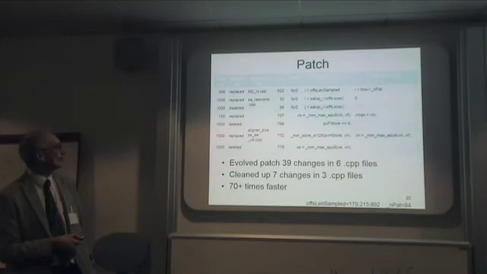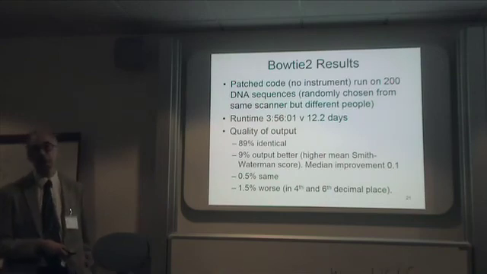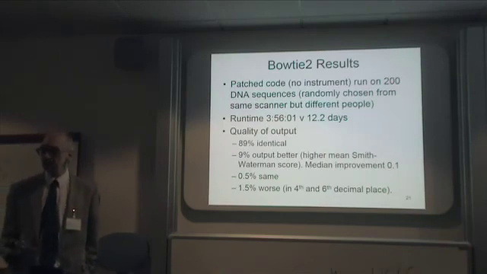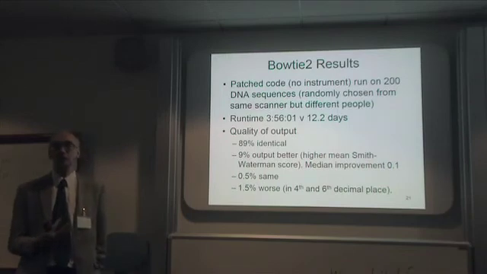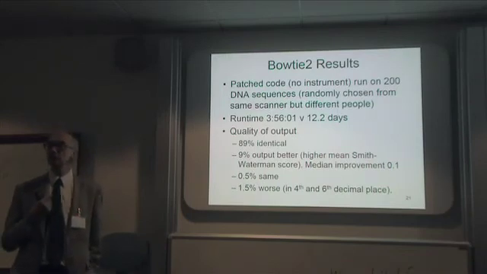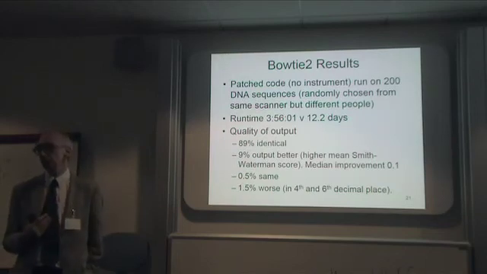Okay, so we have applied these 7 changes, and the code runs 70 times faster. So what I did was to take 200 test cases from the same machine, but different individuals. So this is DNA that the GP has never seen.